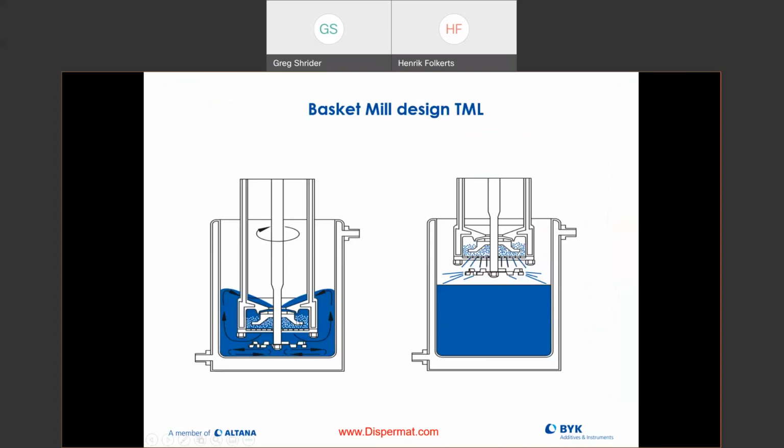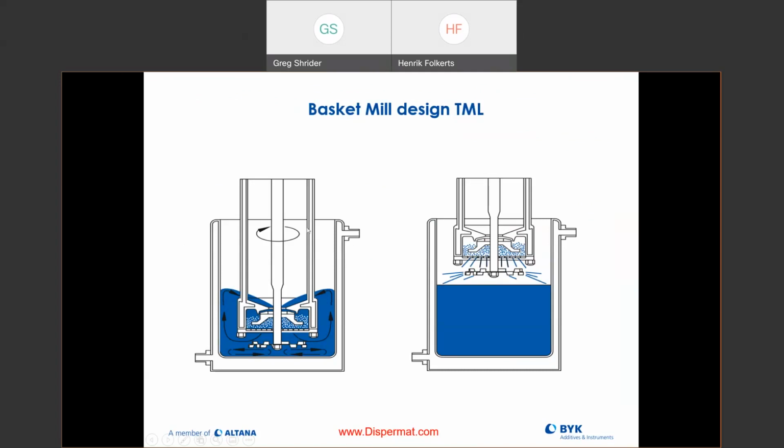My media is in here, and you can see the Cowles blade drawing out my material and pushing it up to the top, where the vortex takes over and sucks it back in. So I have a really nice continuous movement of my mill base through the basket, out through the basket, and around in my container top. Very good circulation, and that's very efficient.